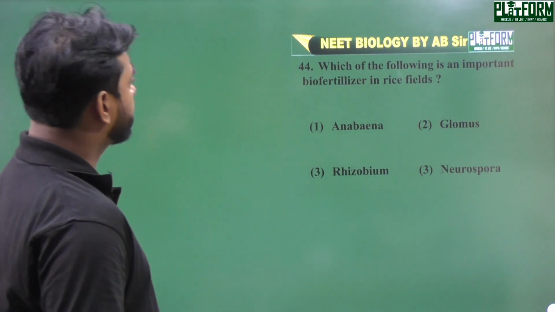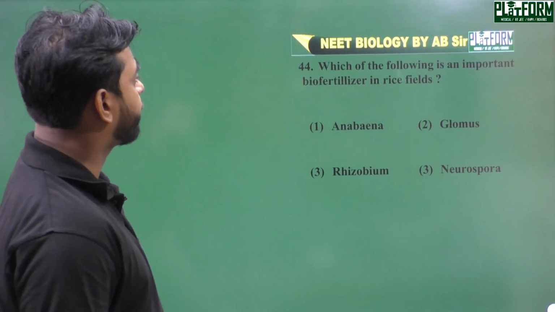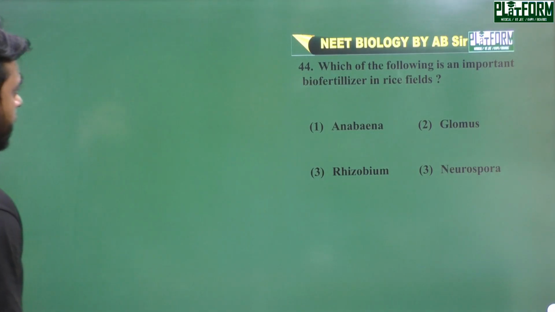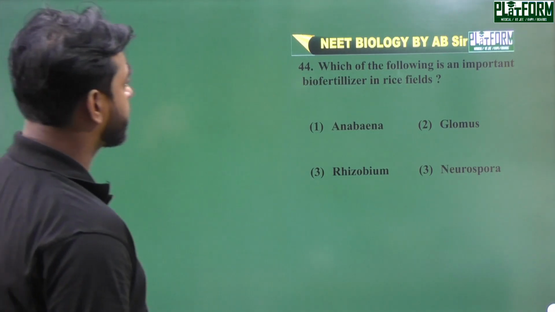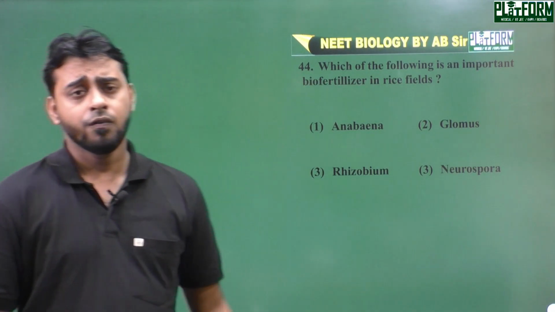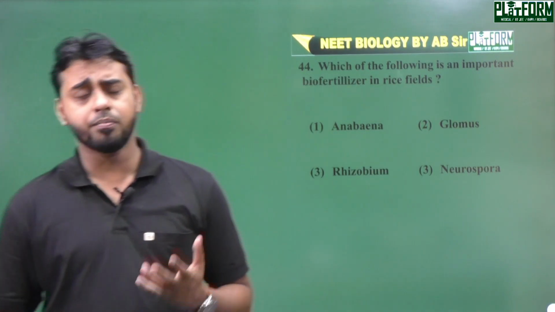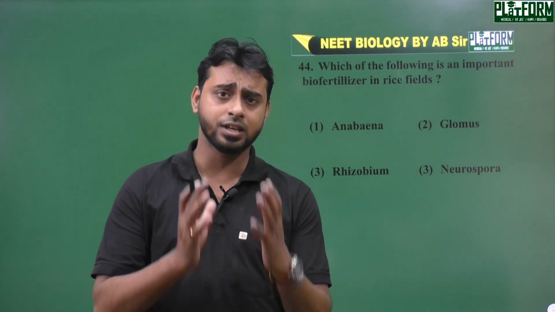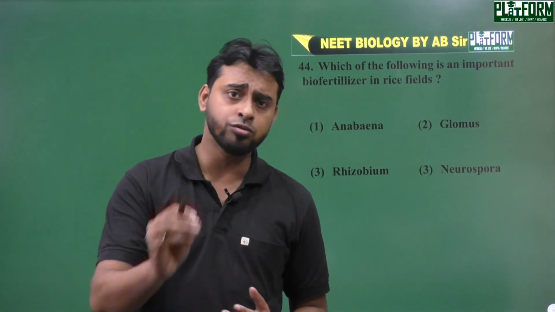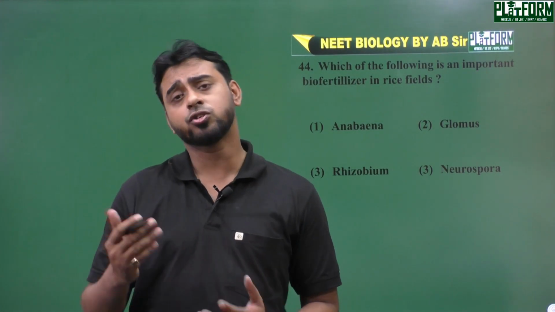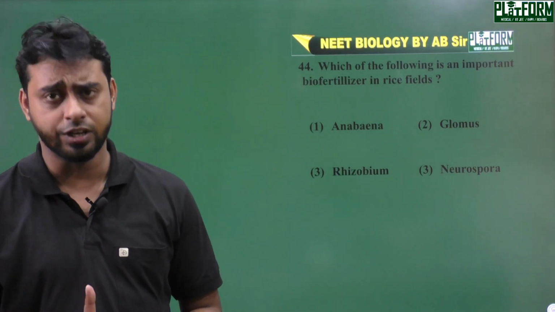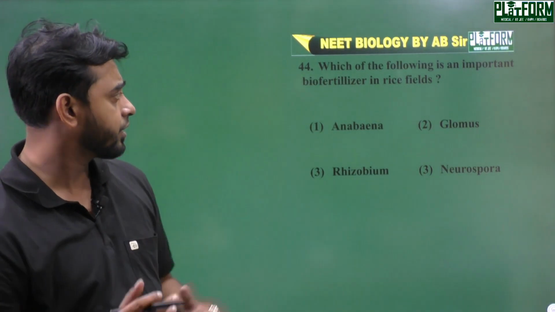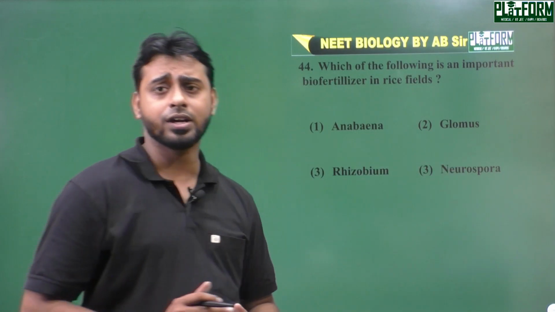Okay. So this is the next question. Which of the following is an important biofertilizer in the rice field? What is a biofertilizer? We know that a biofertilizer is a fertilizer which is used in the crop field just to increase the productivity. That's the biofertilizer. Fine. All these are biofertilizers.